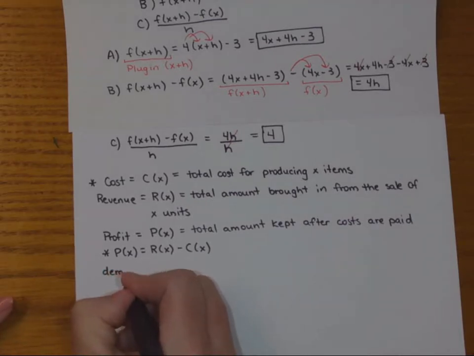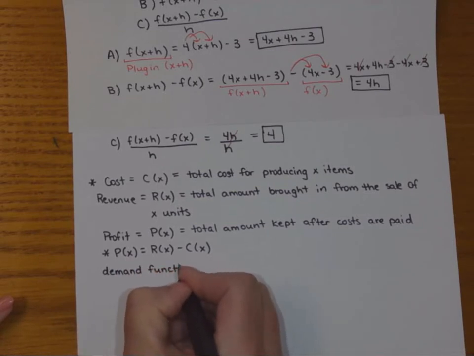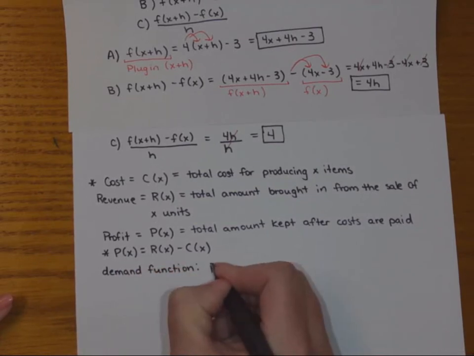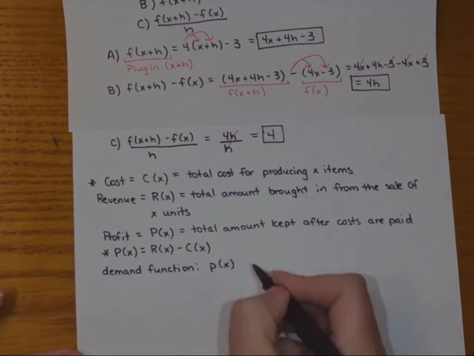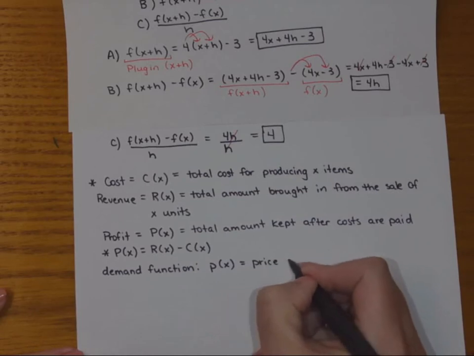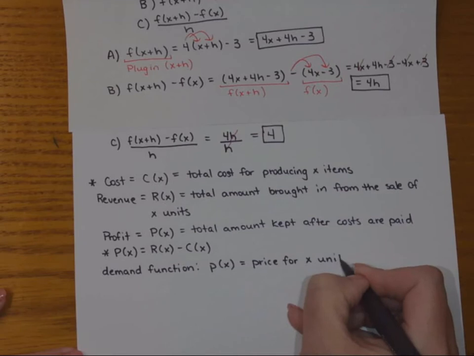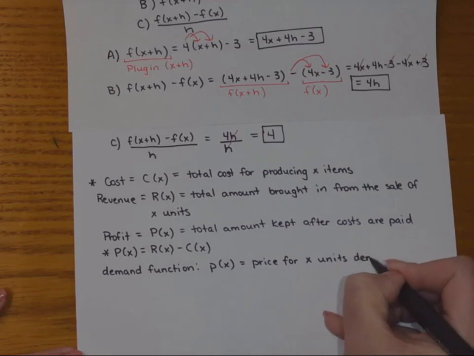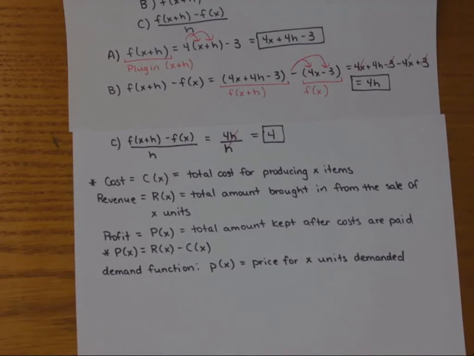On the other hand, lowercase p is almost always reserved for price. So you might see a lowercase p of x equation with maybe a demand function, and this would just be the price for x units demanded. Because in economics we learn that price is not always constant.